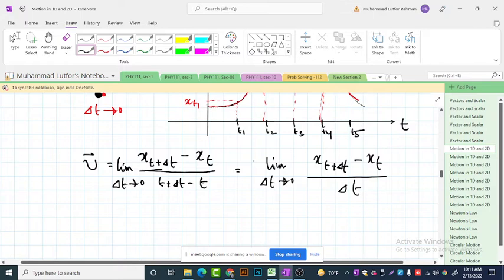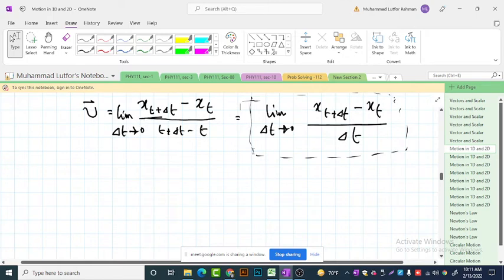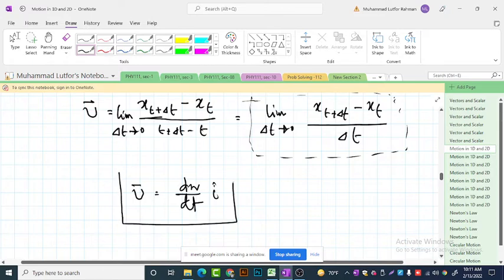Now what is that? If you look, this is the mathematical definition of the derivative of that function x. Then we define this v, which would be dx over dt, right? That would be the instantaneous velocity of that particle or the car.